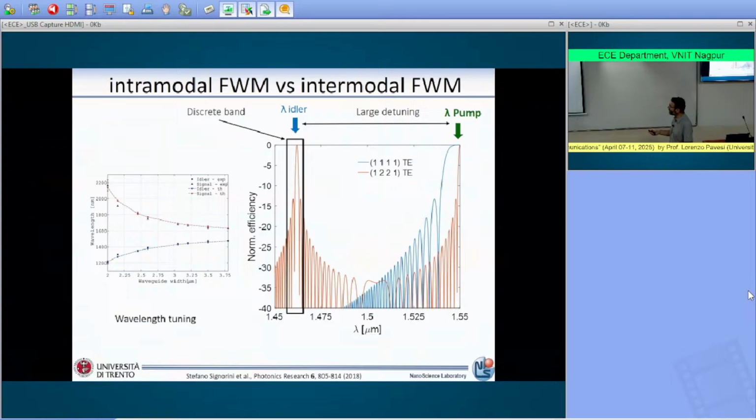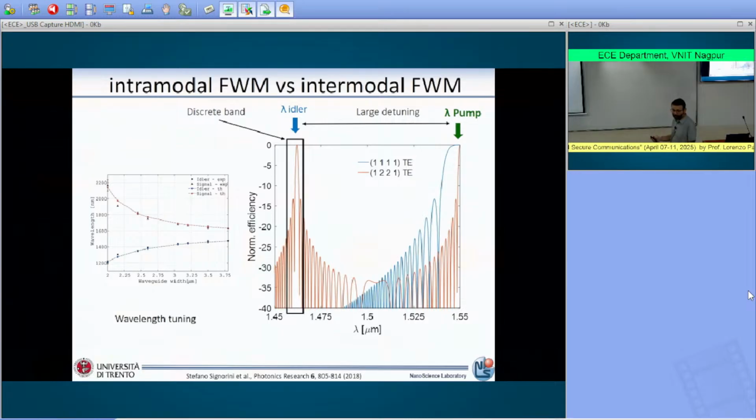We also have a very narrow discrete band of high generation efficiency. That means that by using different optical modes, meaning by using intermodal four-wave mixing, we are able to generate photon pairs that have an energy very far from the one of the pump, and they are generated in a very narrow spectral region.